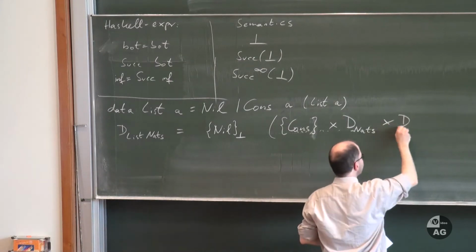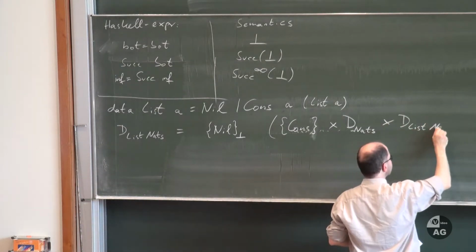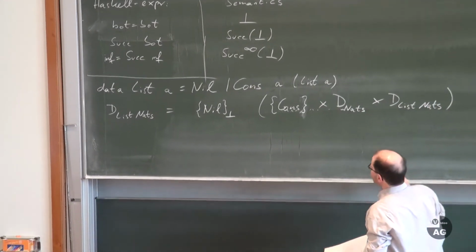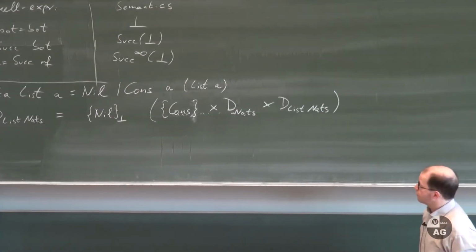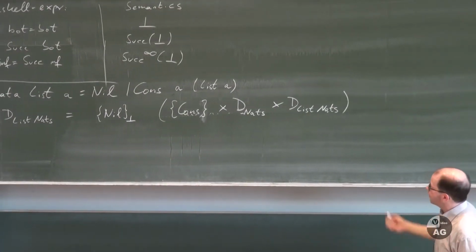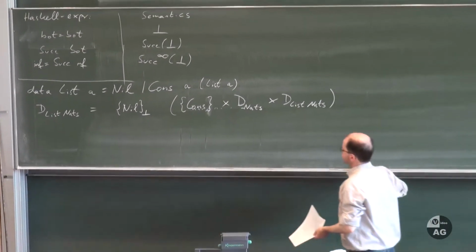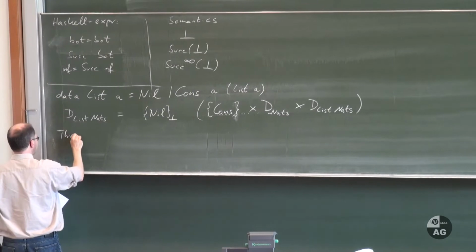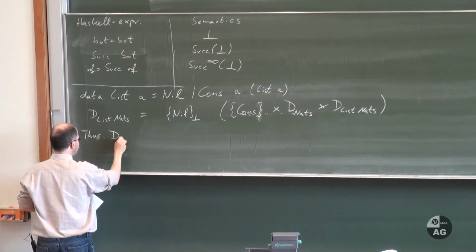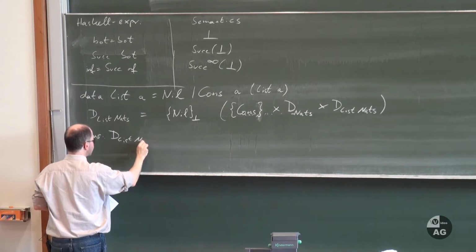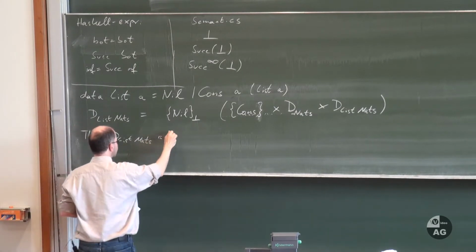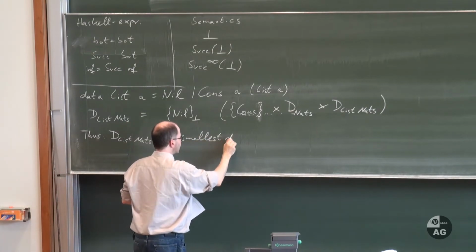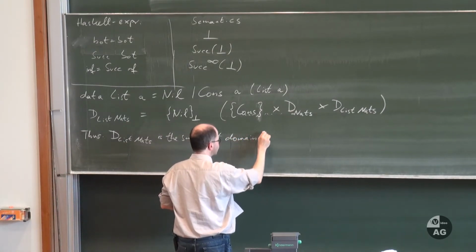And this is again a recursive definition, so we would take the smallest domain that satisfies this. So D list nuts is the smallest domain satisfying this equation.